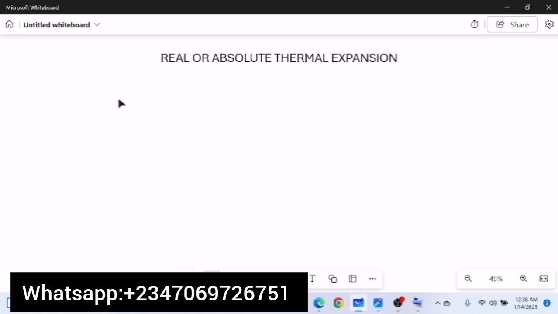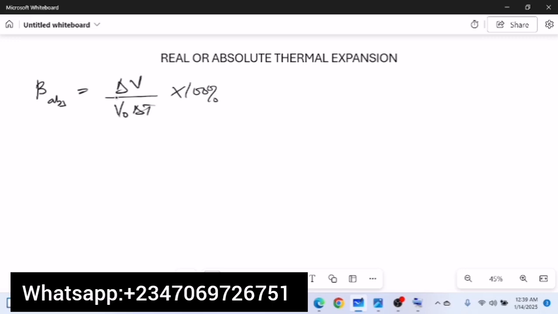So mathematically, the coefficient of absolute thermal expansion, beta absolute, is represented as change in volume with respect to the original volume multiplied by change in temperature. Then you multiply the whole of this by 100%. So the absolute or real thermal expansion is a percentage of the thermal expansivity of a liquid.